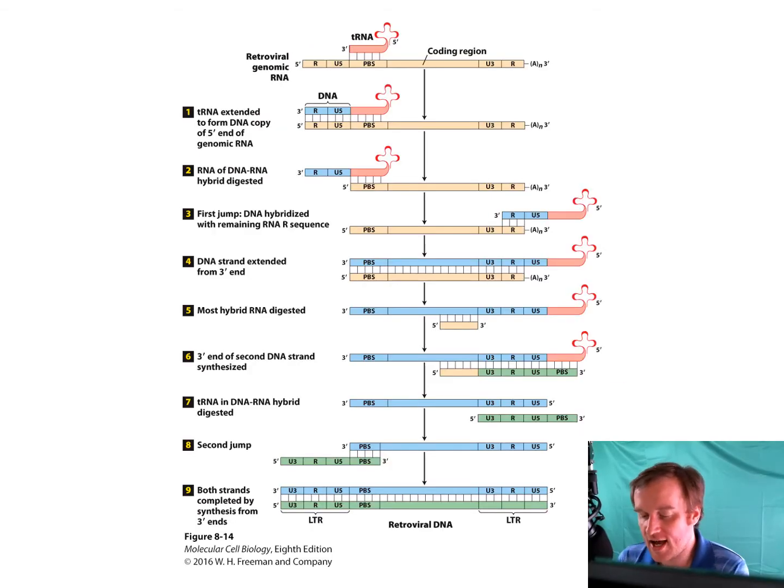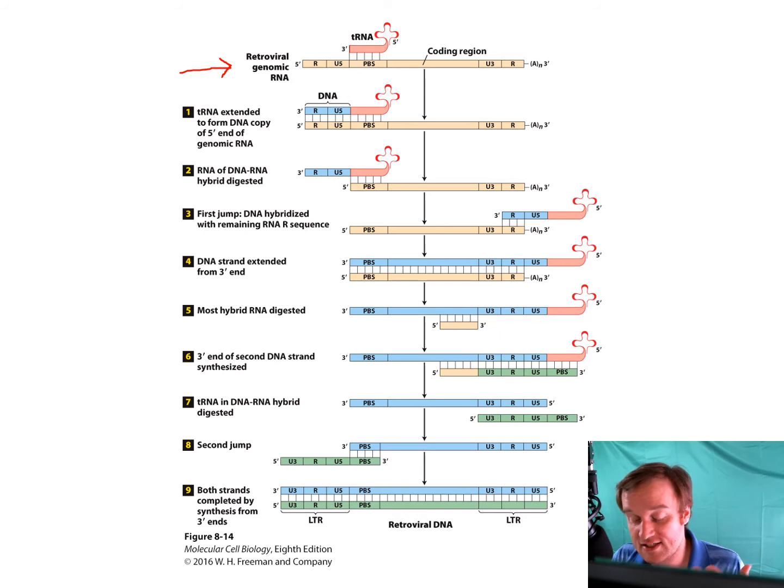Okay, let's look at how these mRNA are then converted back into DNA, which can then be inserted somewhere throughout the genome. Remember, these are quote unquote jumping genes, transposable elements that are able to be replicated and then moved throughout the genome. And so here we have our retroviral genomic RNA.